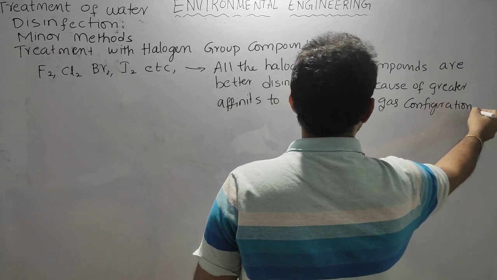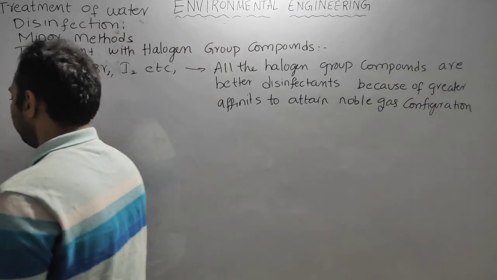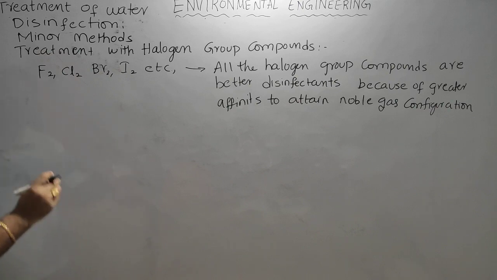All these elements are just one step away from becoming noble gases, which is why they have more affinity for electrons.